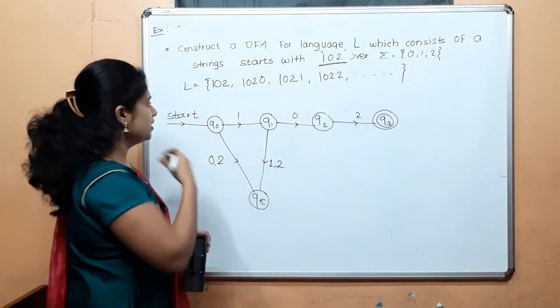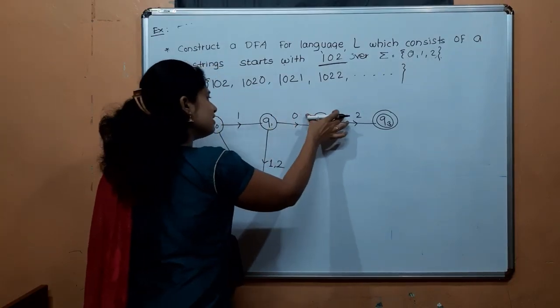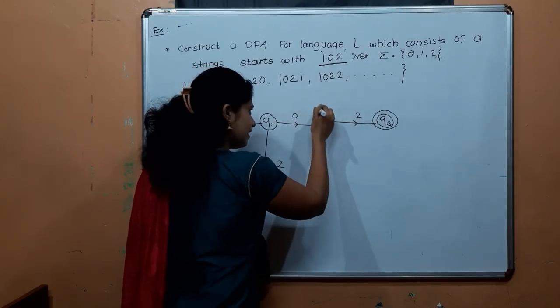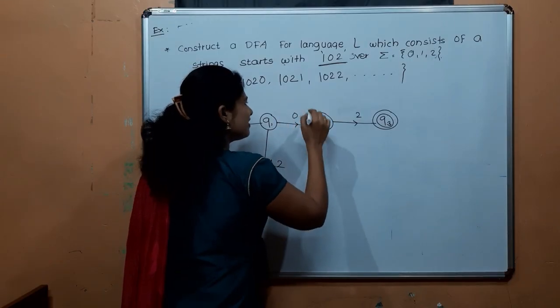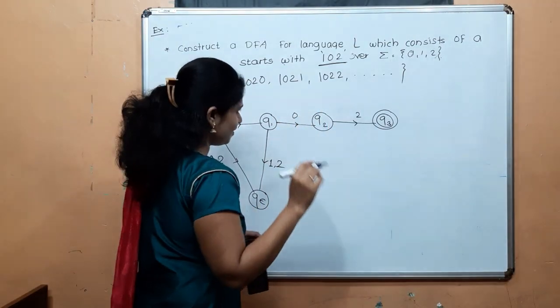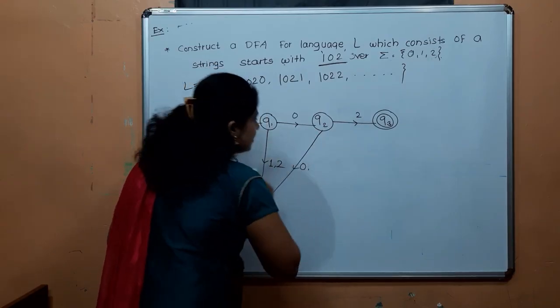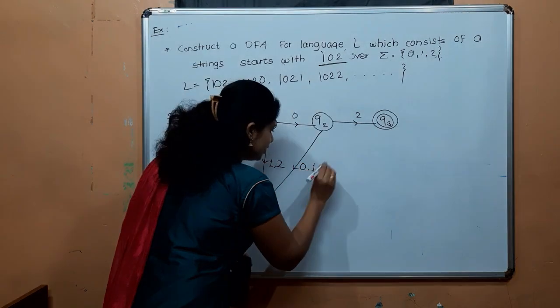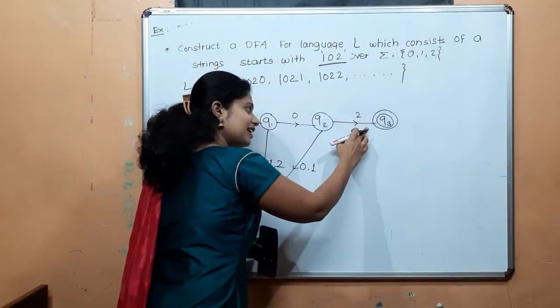Now see here, if the string starts with 1 0 2, and 0 occurs between 0 and 2, then it cannot be valid, because if I write a self loop here, the string will start with 1 0 0 0 0 then 2, which is invalid. That's why here we give the 0 to the dead state. Then if 1 occurs between these two, it is also invalid, and 2 is already given.